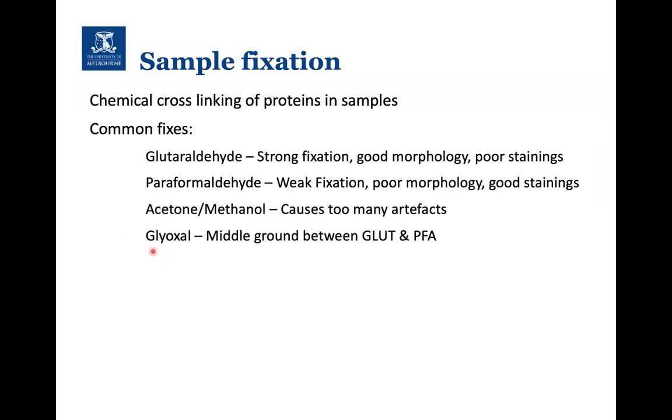There is a relatively new one out there called glyoxal, which is kind of a nice middle ground between glutaraldehyde and paraformaldehyde. Again, this is worth spending a bit of time at the start of your project to optimize the fixation protocol for what you're doing. And depending on cell type, tissue type, structures that you're looking at, what fixatives you use can change.